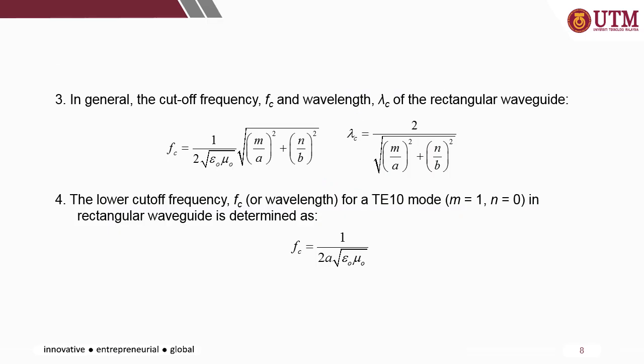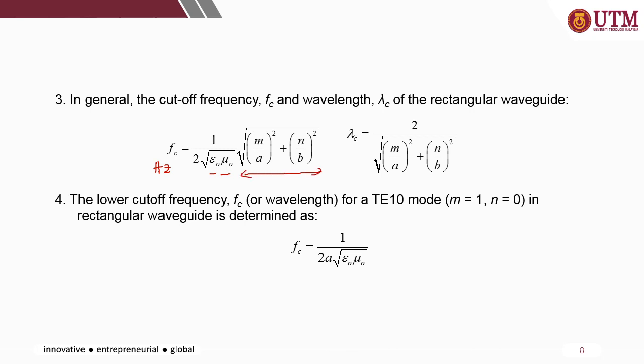Okay, this is the equation of the cutoff frequency and the wavelength at the cutoff frequency for a rectangular waveguide. So the fc in Hertz, if you use omega, then you need to consider 2 pi. So it's basically 1 over 2 square root of epsilon naught mu naught, the permittivity and permeability of free space, multiplied by this equation.